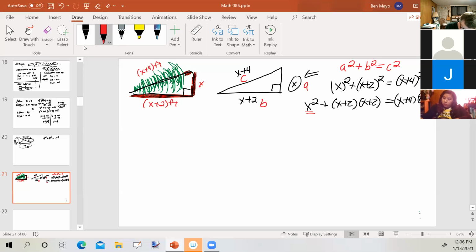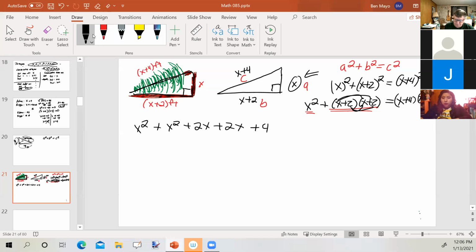We've got x squared, and then we're going to get what? Plus x squared plus 2x plus 2x plus 4 equals, over here, we're going to have x squared plus 4x plus 4x plus 16.